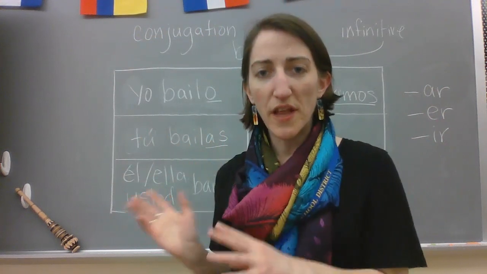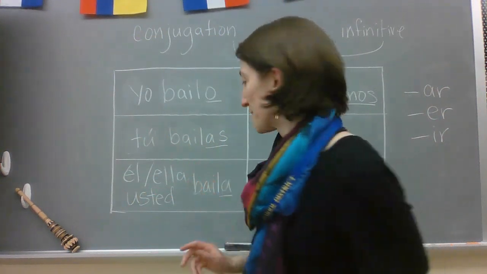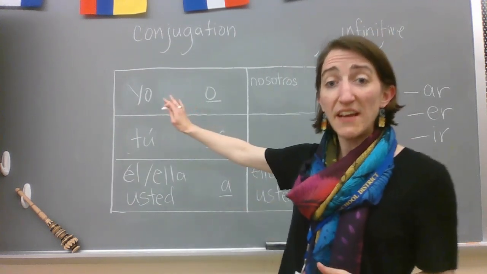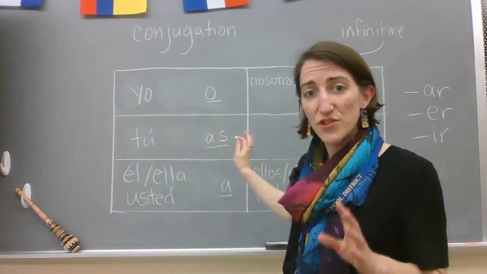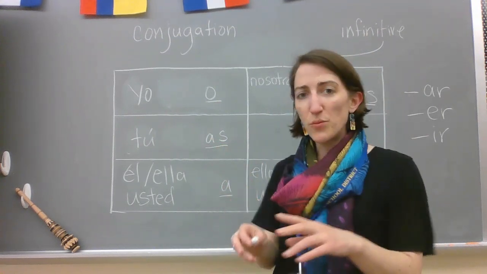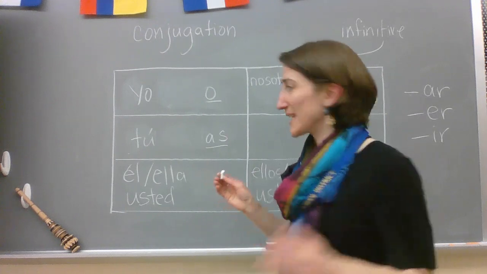Now, let's go through another example to kind of lock it in. So I've left the endings up here because the endings are going to stay the same. That's part of the beauty of conjugation. Let's go with the verb cantar, to sing.